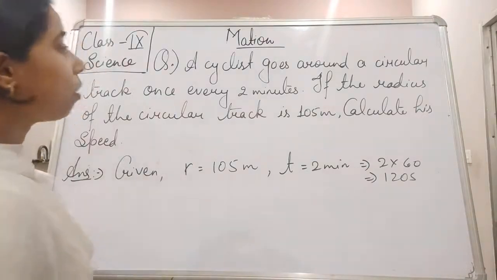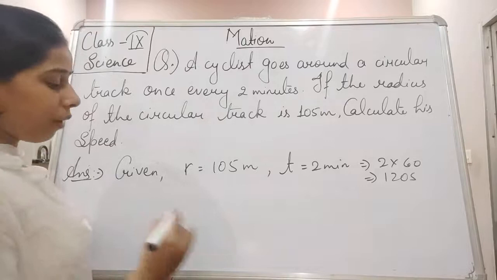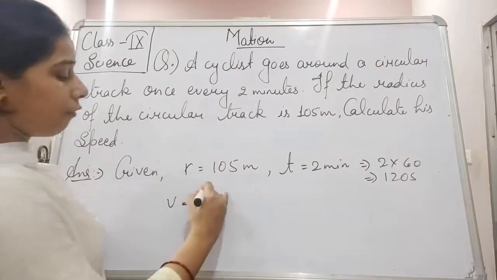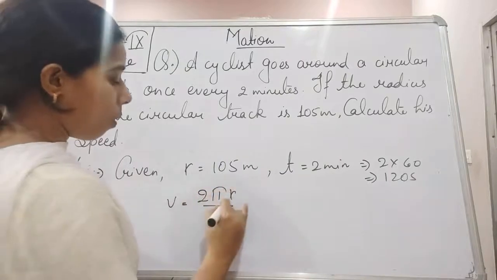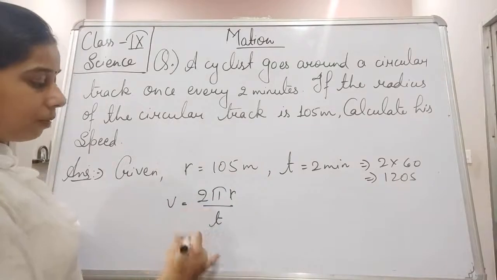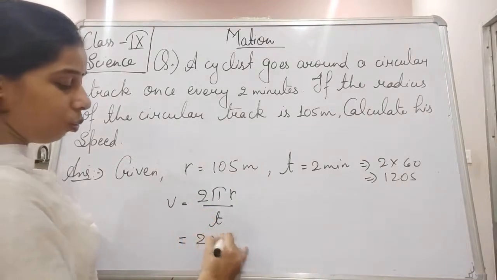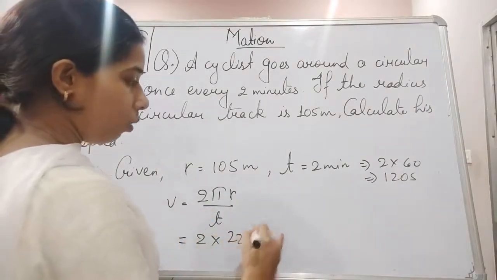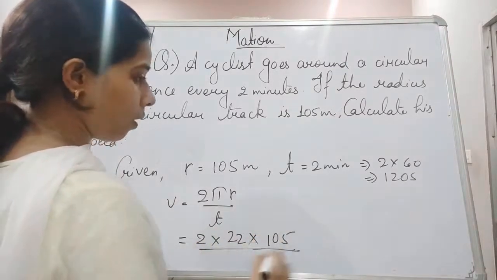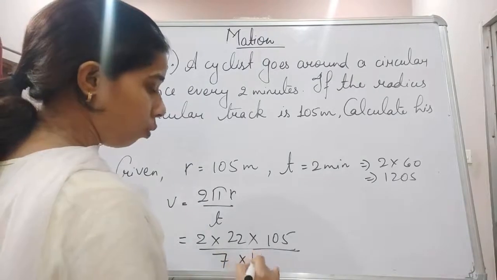Now to solve it, students, we know that the formula to find the speed v of a circular motion is 2 pi r upon t. Putting in the values, we get 2 into 22 into 105 upon 7 into 120.